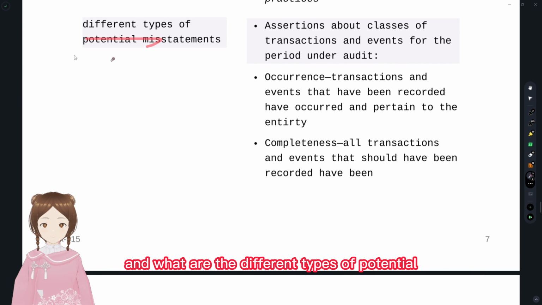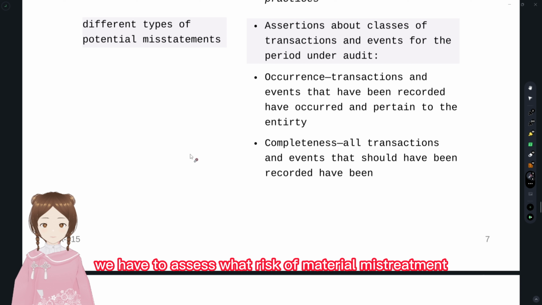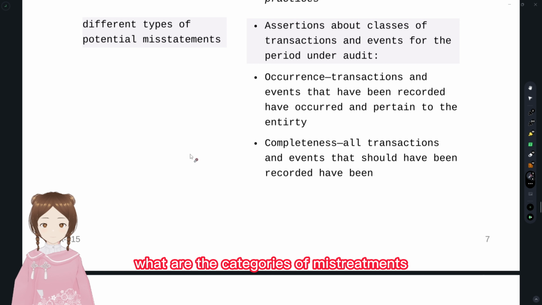And what are the different types of potential misstatements? We have to assess the risk of material misstatement. What are the categories of misstatements? Assertions about classes of transactions or events for the period under audit. Occurrence: whether the transactions and events recorded have occurred and pertain to the entity.